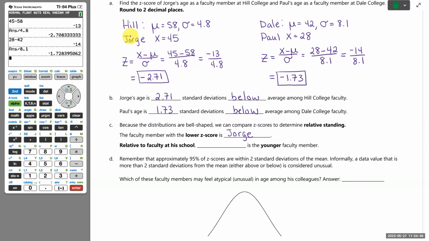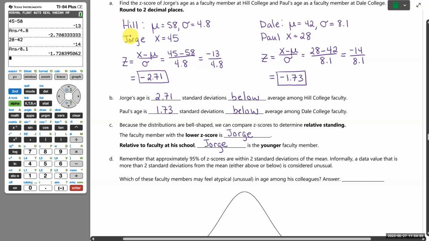So relative to his school, I'm going to say that George then is younger. So we're not comparing the two people directly because George here is 45. He's definitely older than Paul. But we're saying that if we compare George to the faculty he works with, he's going to stand out as the younger member as opposed to Paul with the faculty he works with.